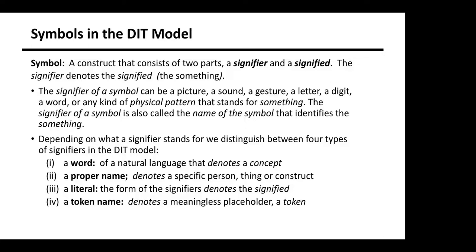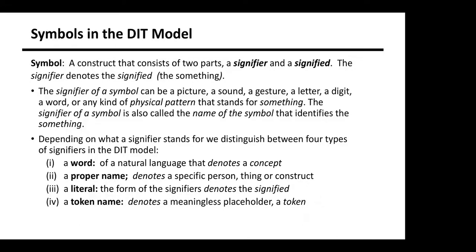The signifier gives us the physical appearance of the symbol in the physical world. It's a thing, in a sense, the signifier. And the signified is what the symbol stands for, whatever the system stands for. So there is always this signifier and signified, and this is very important.